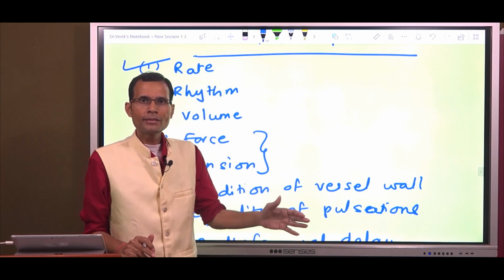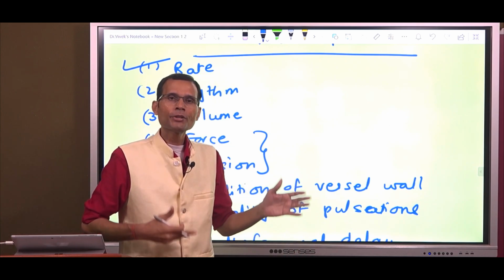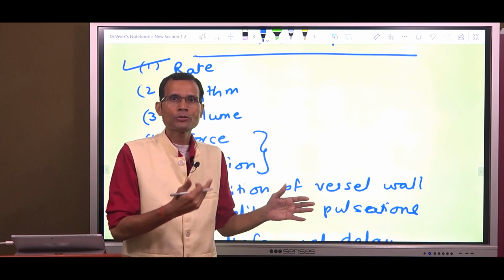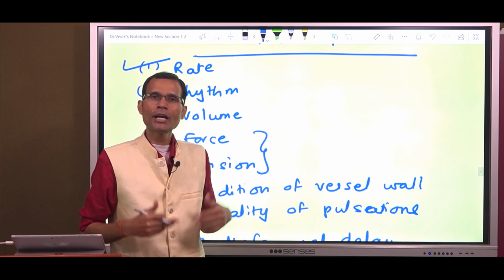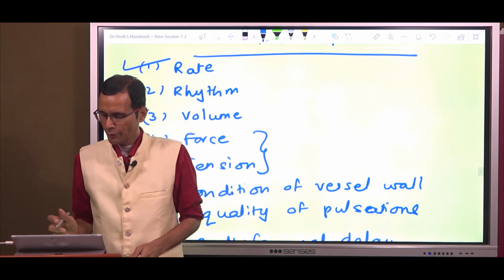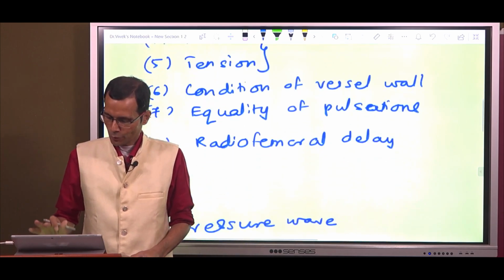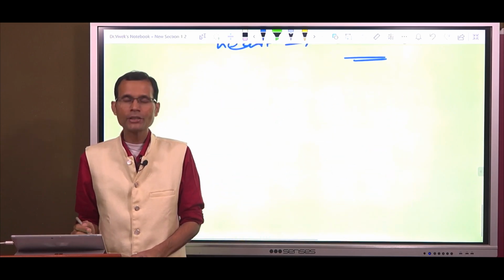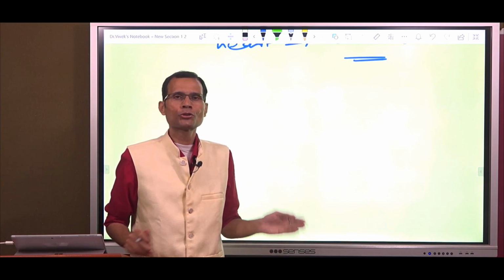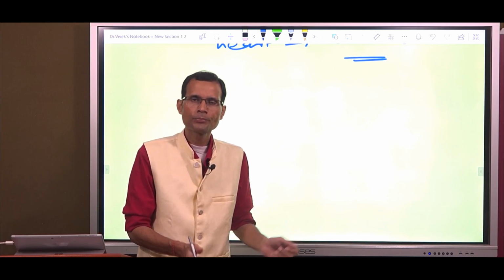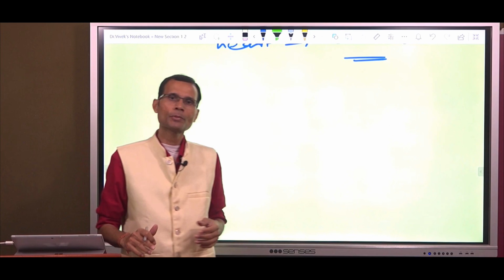Look, pulse comes with every cardiac cycle, with the heart going into systole. So pulse rate is indicative of the heart rate, and the normal pulse rate or normal heart rate is in the range of 70 to 80 beats per minute, and that should also be the pulse rate you get, 70 to 80 pulsations per minute.